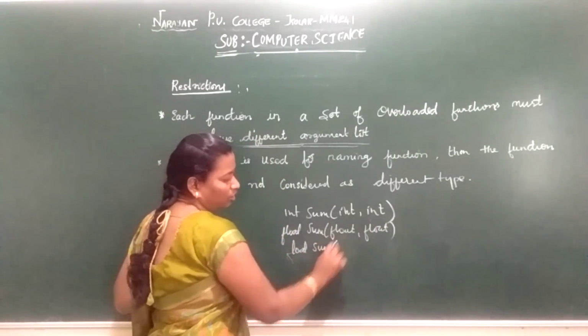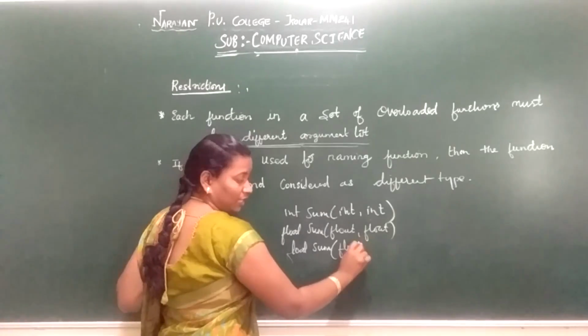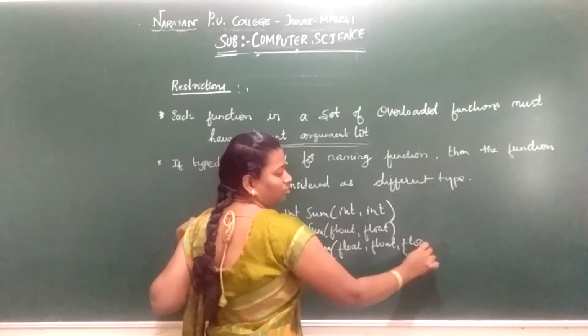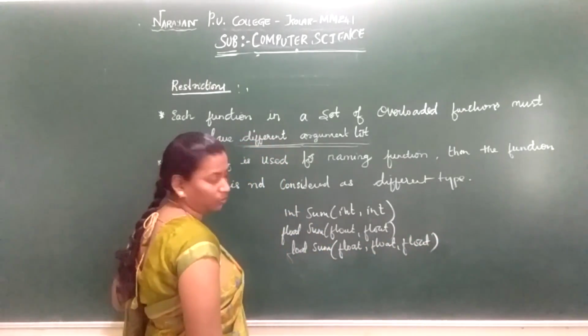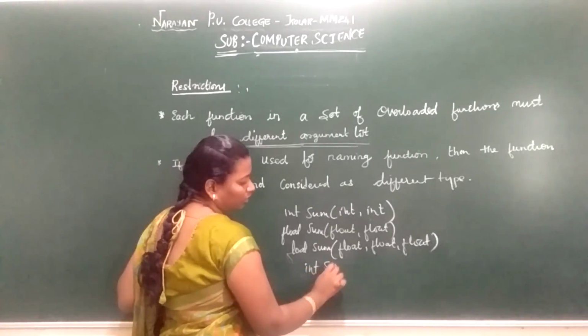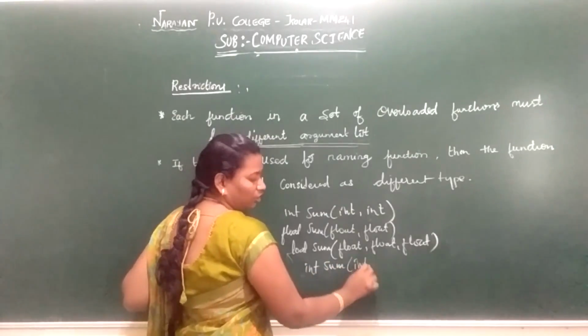Already I have two, so the number of arguments should vary. So I am going to sum up three floating point values. Again, if I want to sum up three integer values, the number of arguments for the integer sum should be different.